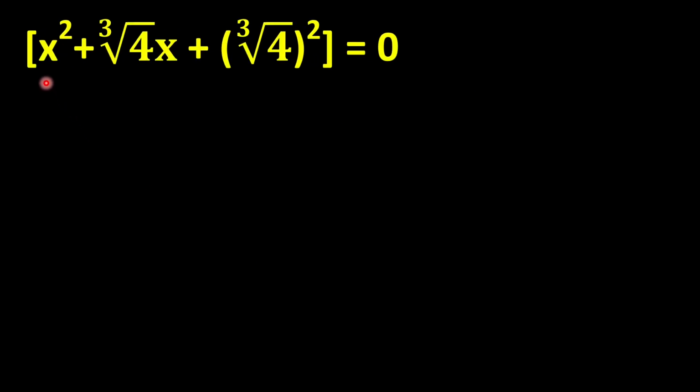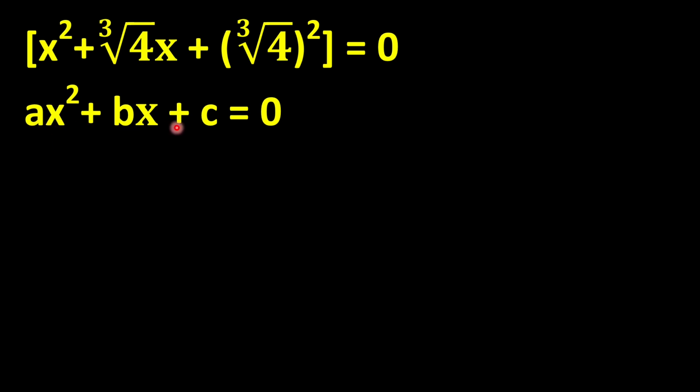And now if we look over here, this equation is in the form of a quadratic equation, which is basically the standard form of a quadratic equation, ax square plus bx plus c equal to 0. So now we will apply the quadratic formula to solve it. This is the standard form of a quadratic equation, and we will compare this equation with the quadratic formula.